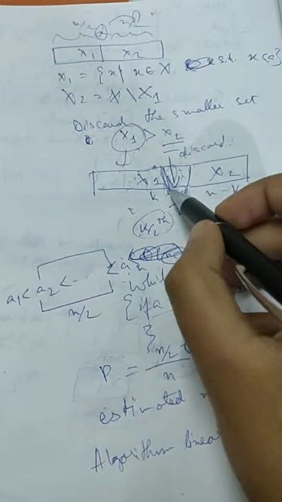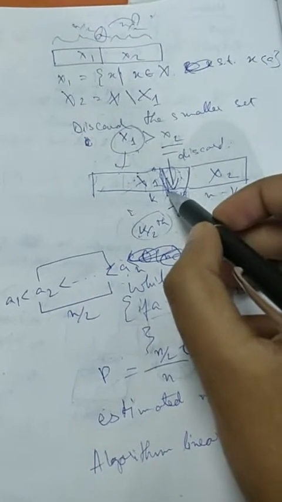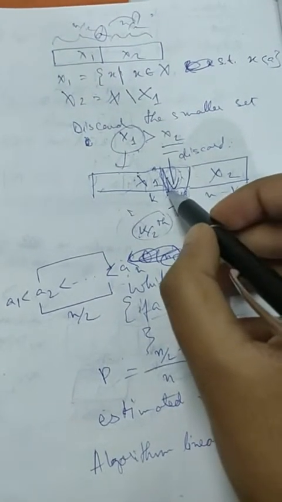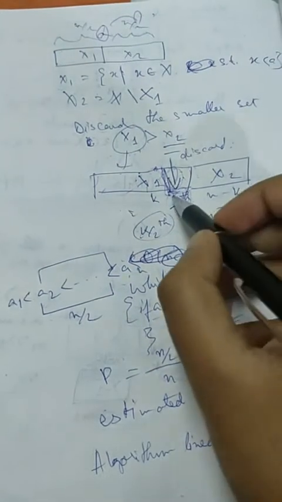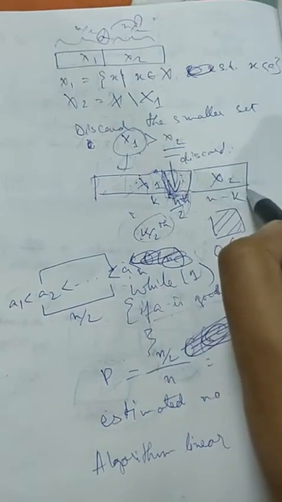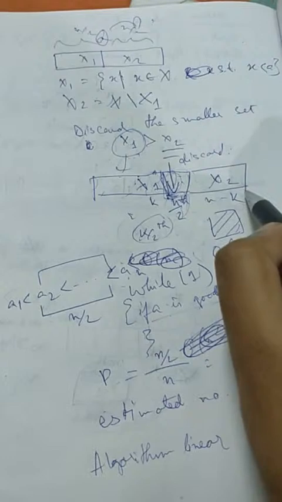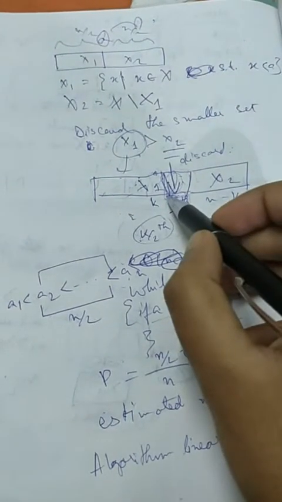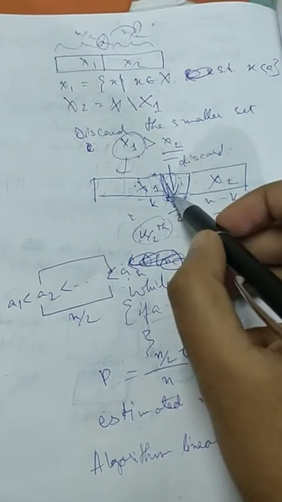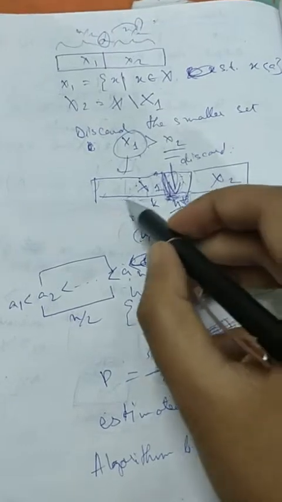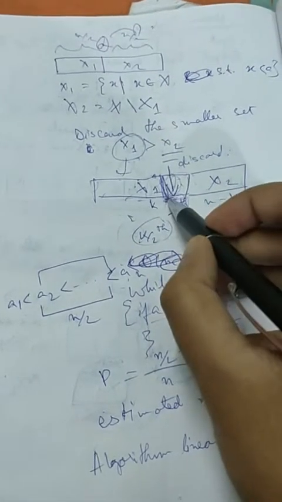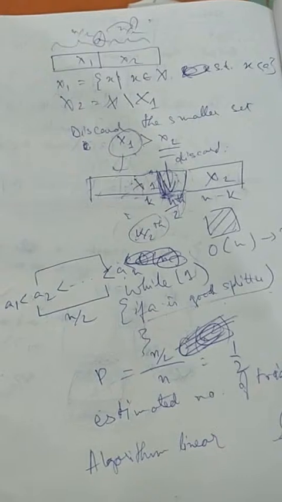n by 2, not the n by 2th element, so this is basically n by 2 minus k. Okay, n by 2, this is n by 2, this is my k, so n by 2 minus k.